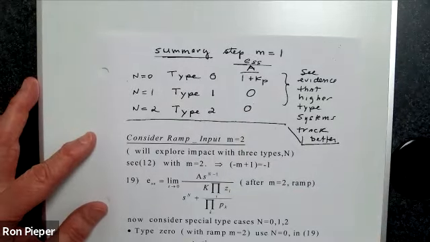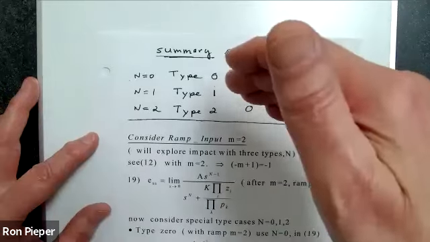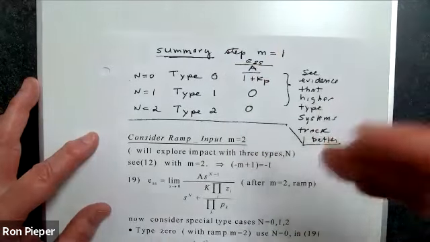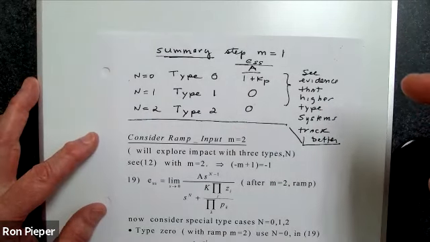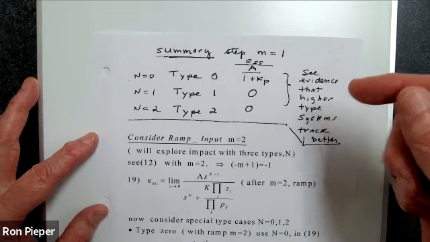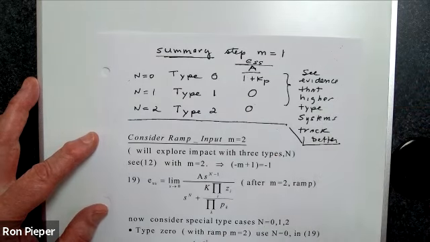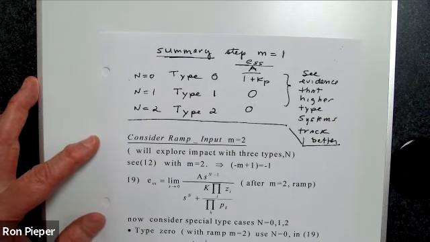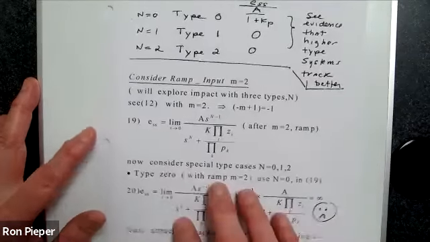So in words, this implies, and we'll see this idea repeated, that as the type of the system gets higher, the system is better able to track the input. That's an idea we'll see repeated as we go through some of the other type inputs.